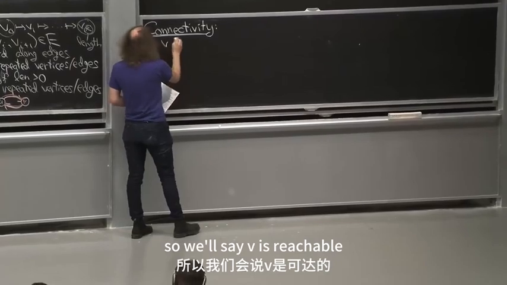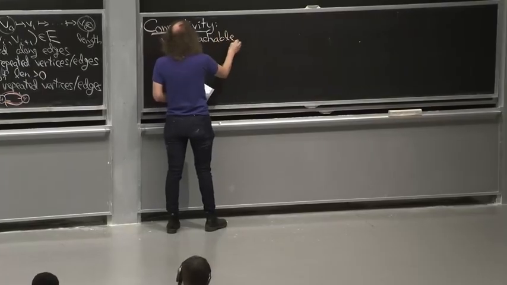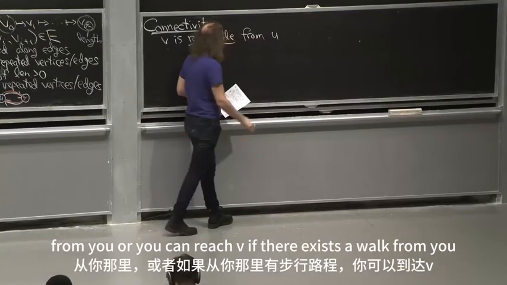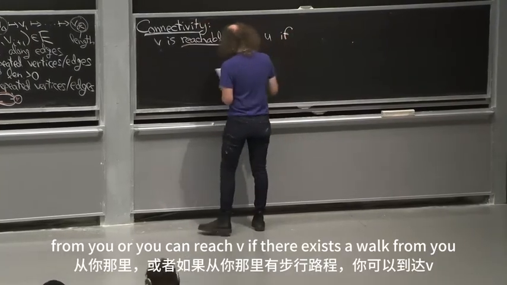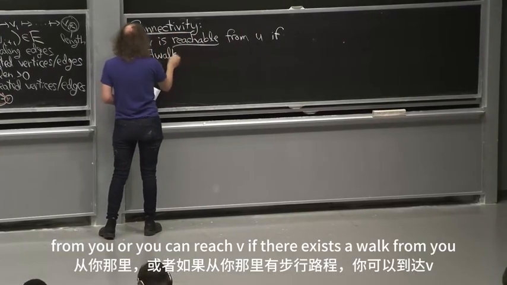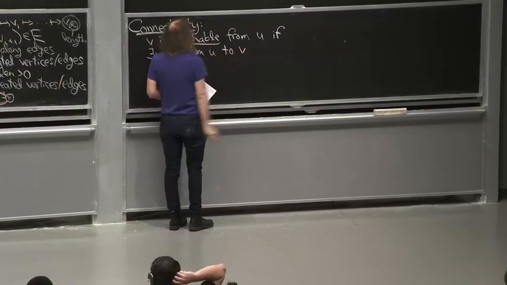So we'll say v is reachable from u, or u can reach v, if there exists a walk from u to v.